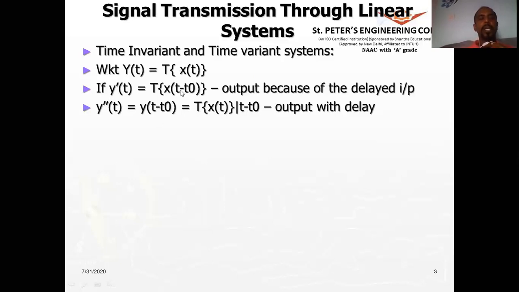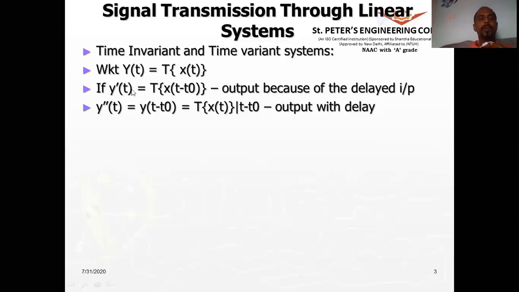So if I delay the input, or in other words, if I vary the time by t minus t naught and take the output, that output I'm going to call y dash of t. So T is the operator that performs on the delayed input, and y dash of t is the output because of the delayed input.